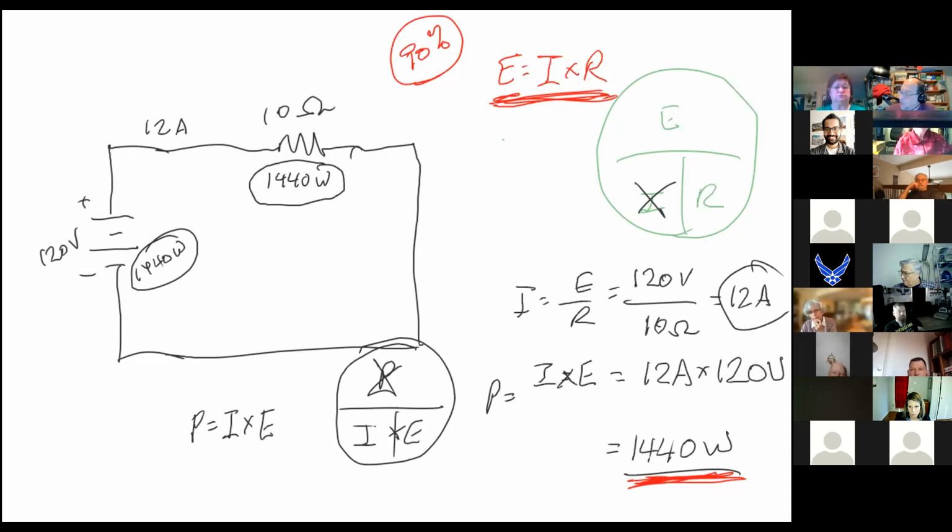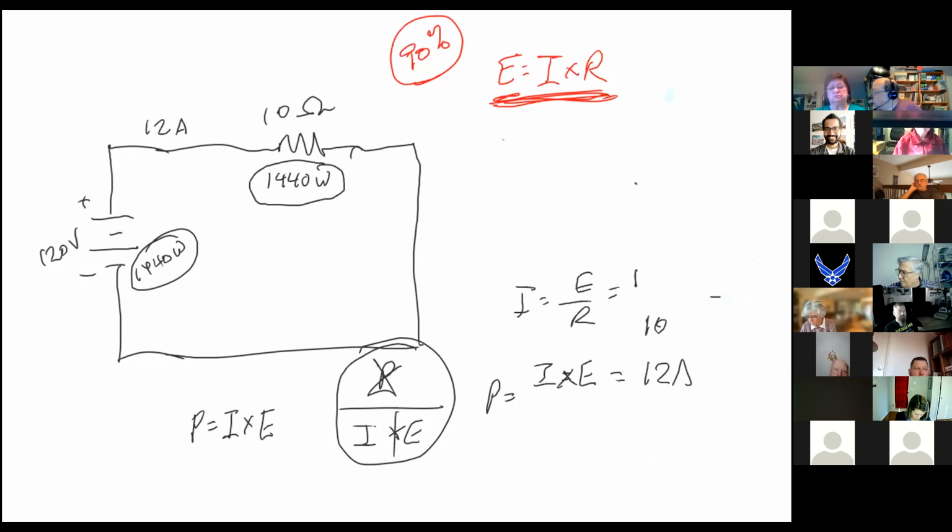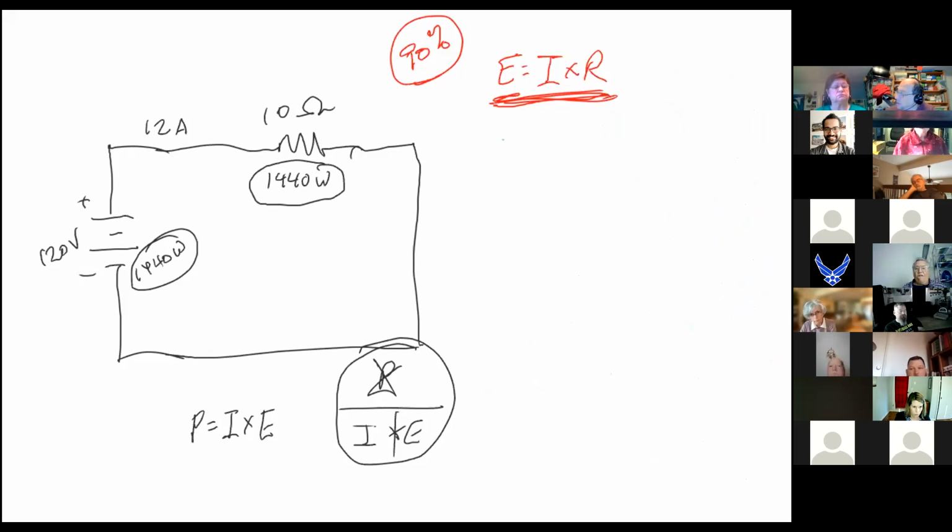So now let's say that instead we were to replace this battery. This is actually a good time to bring this up. This battery has a voltage of 120 volts. By virtue of it being a battery, does the voltage ever change? No, it does not.